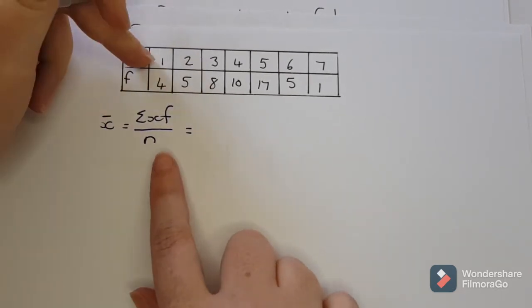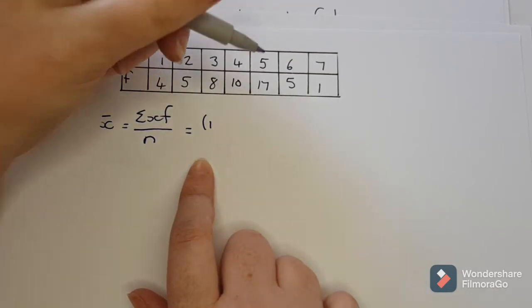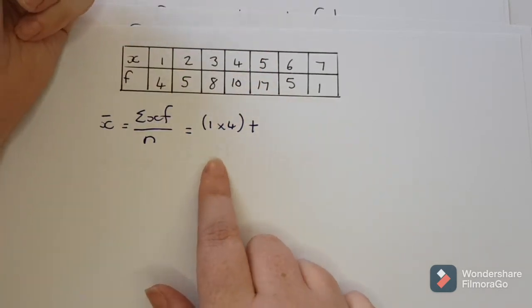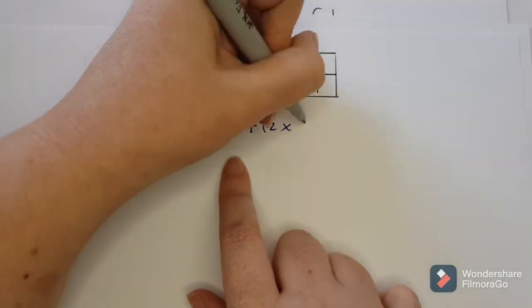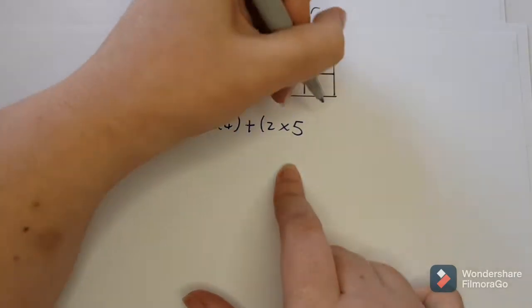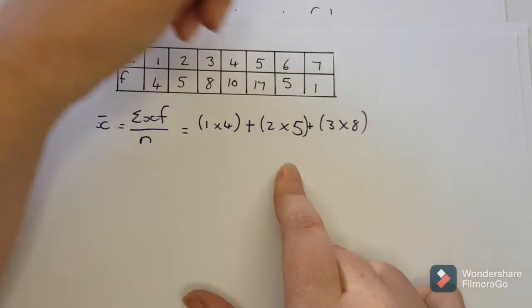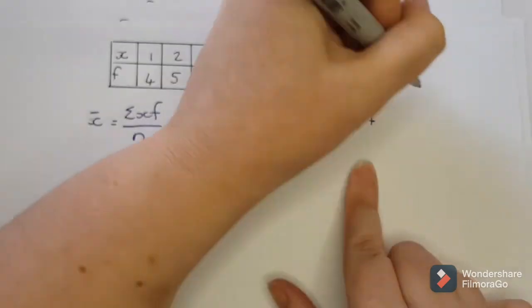So now, the x value there, the first one is 1, times frequency, so that's times 4, plus, because we're summing the next one, which is going to be 2 times its frequency of 5, plus 3 times 8. And you're going to do that for every single one of them.